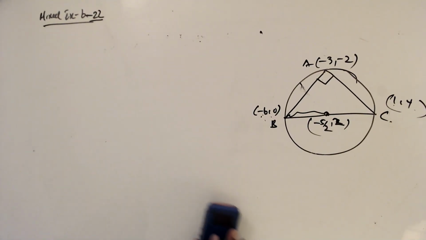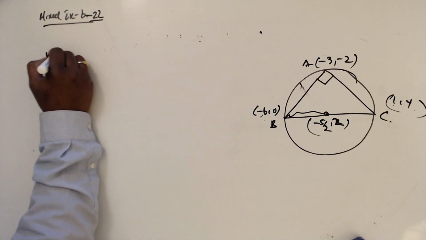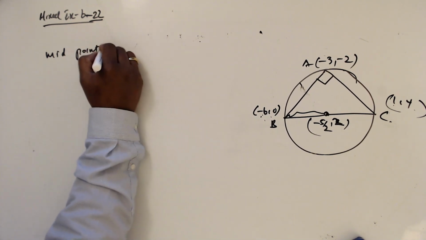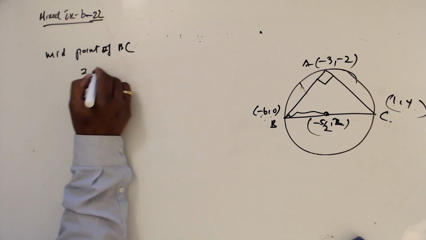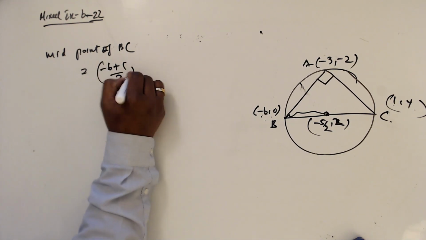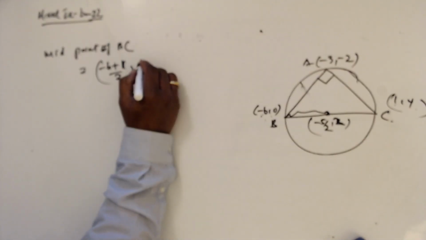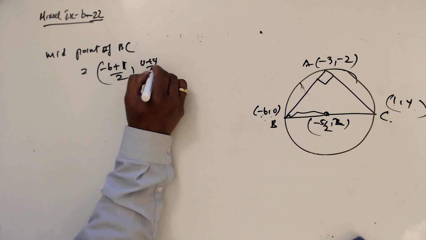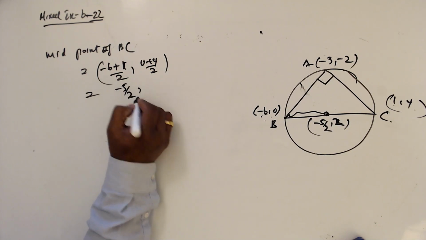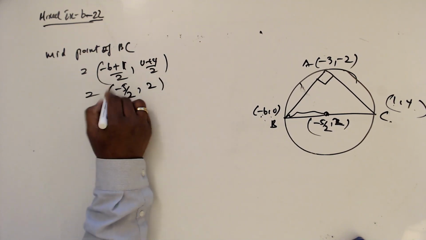Find the equation of the circle. So midpoint of BC is (minus 6 plus 1) divided by 2 and (0 plus 4) divided by 2. So this is going to be minus 5 over 2 and this is 2.